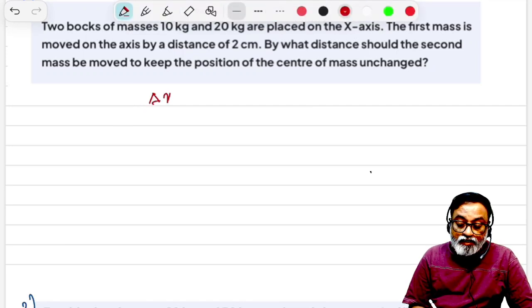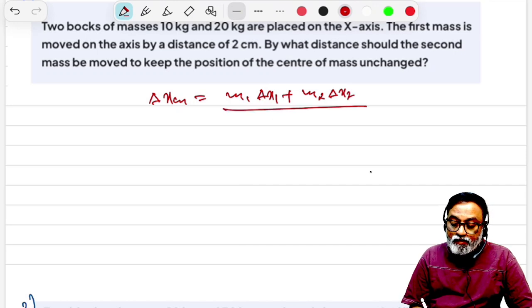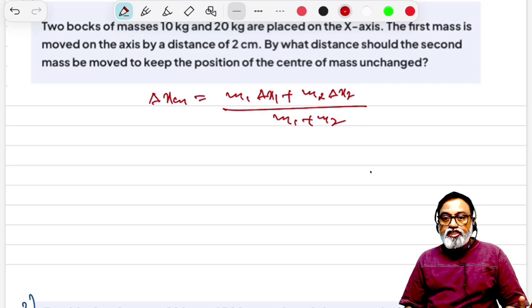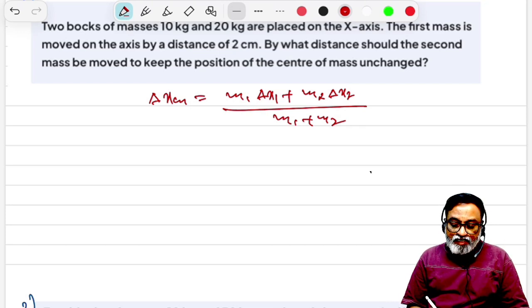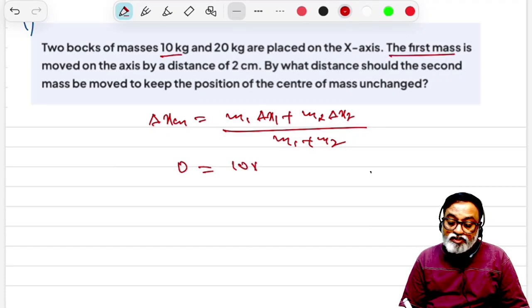Delta xcm is equal to m1 delta x1 plus m2 delta x2 by m1 plus m2. Here the position of the center of mass does not change, which means its displacement is 0. M1 is given as 10 kg, and the first mass is moved on the x-axis by a distance of 2 cm.